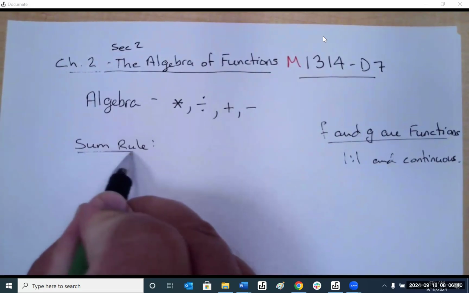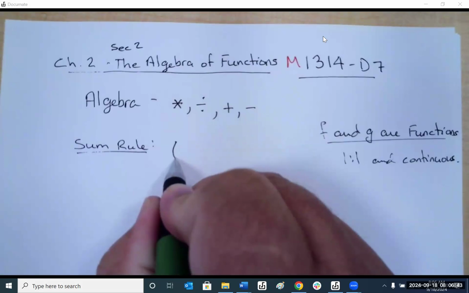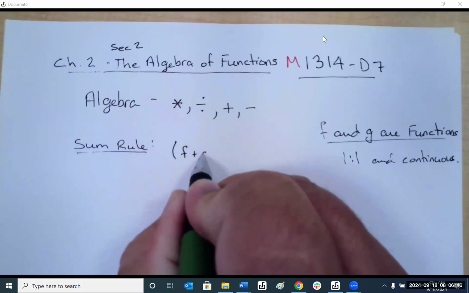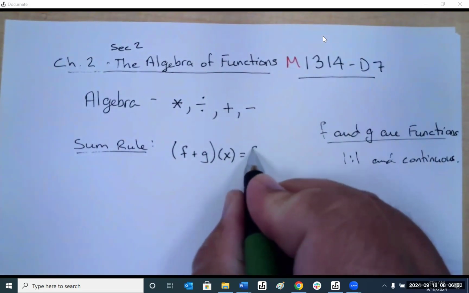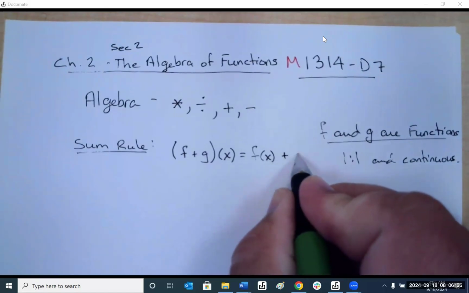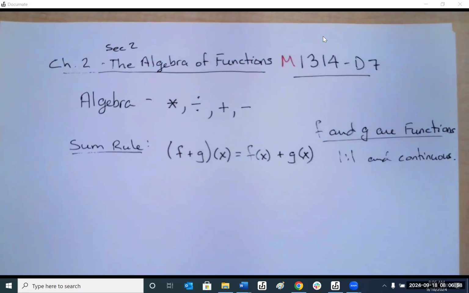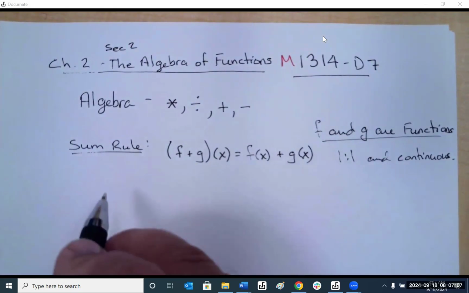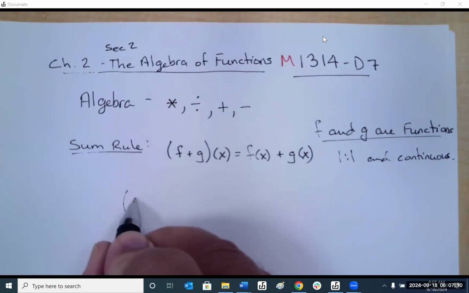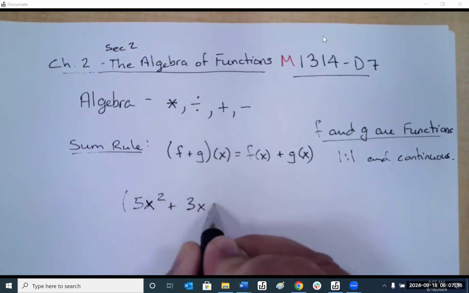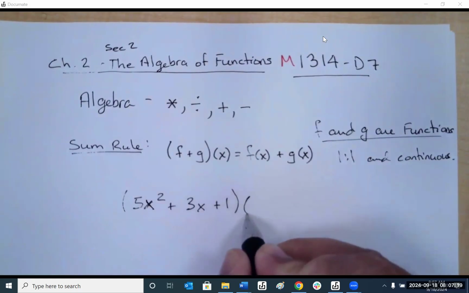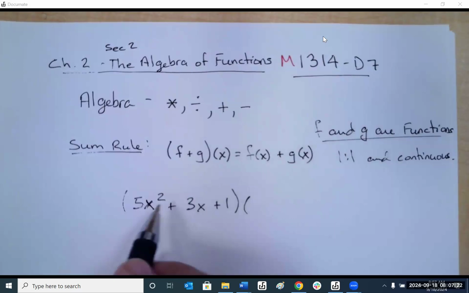And since it's one-to-one, it should have a slope at every point. So the sum rule says this. f plus g is the same thing as f of x plus g of x. Notice the only operation we have is plus. An example of this would be, oh, yeah, I can't use that one.